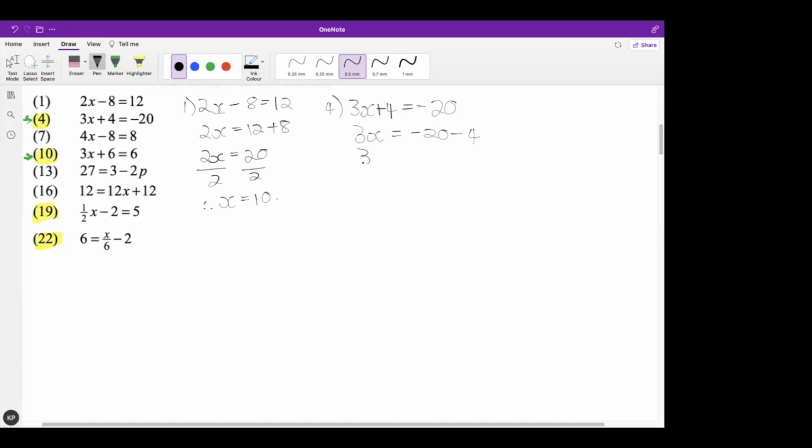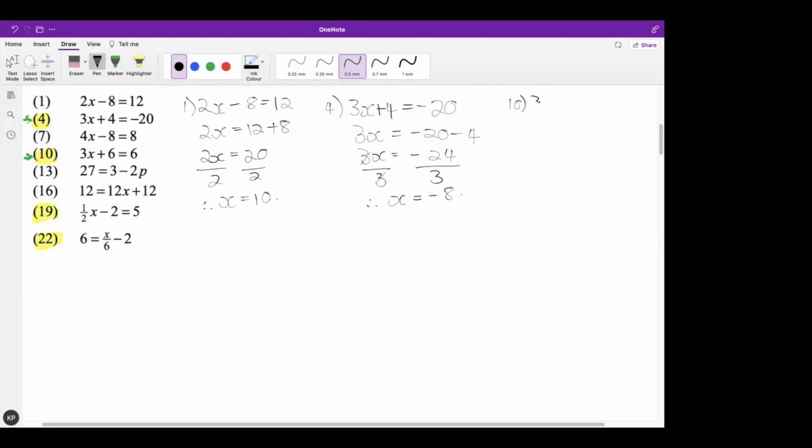Then I have 3x is equal to negative 24. Divide both sides by 3. These will cancel, and therefore x is negative 8. Nice, guys. This is the answer that most of us got, the ones who answered.